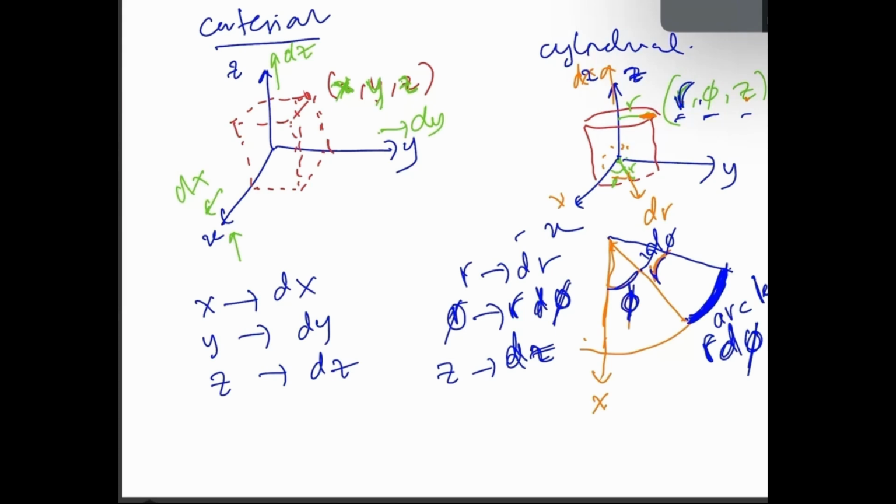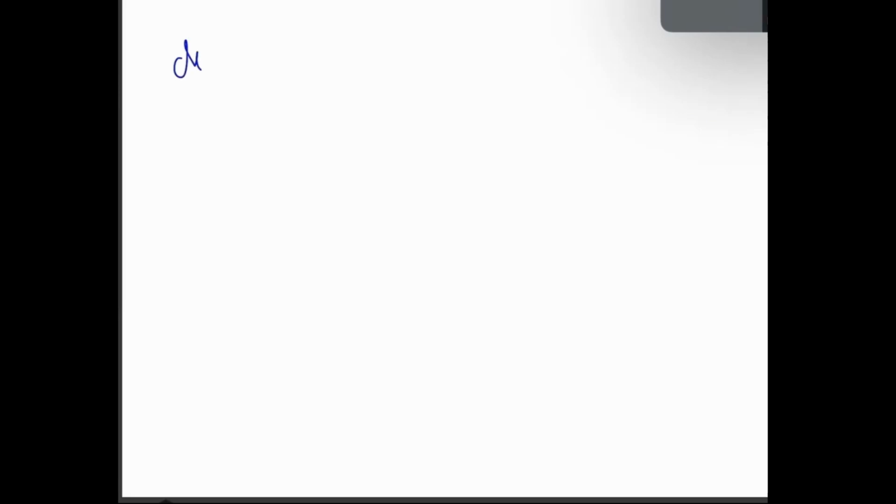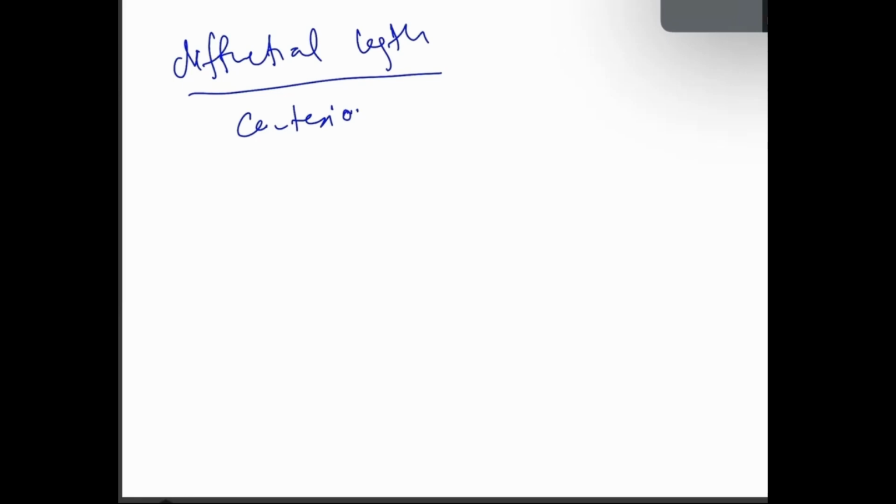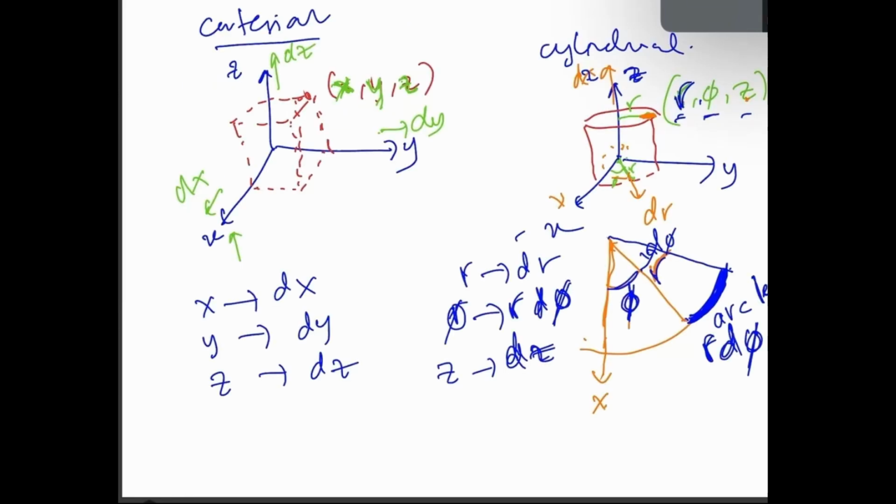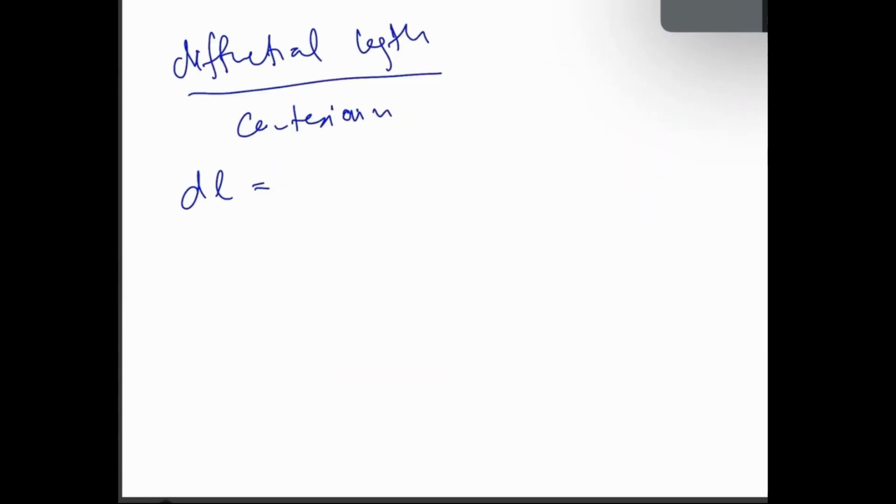So now what is a differential length? dl, differential length. For Cartesian, dl equals dx plus dy plus dz.